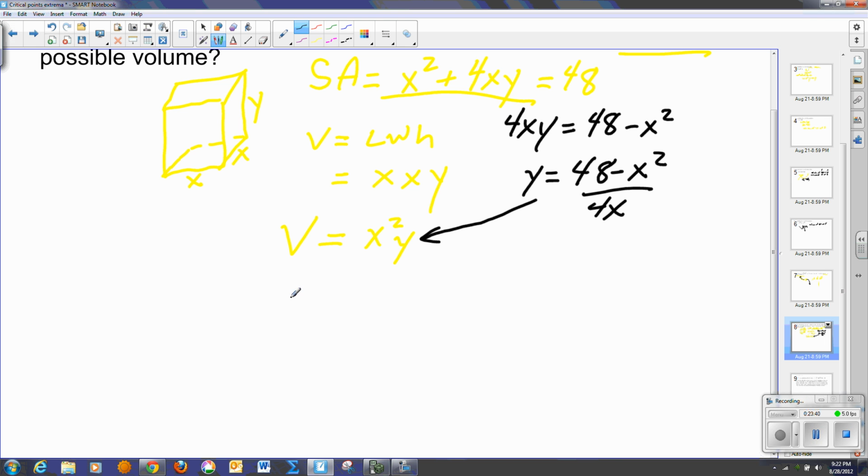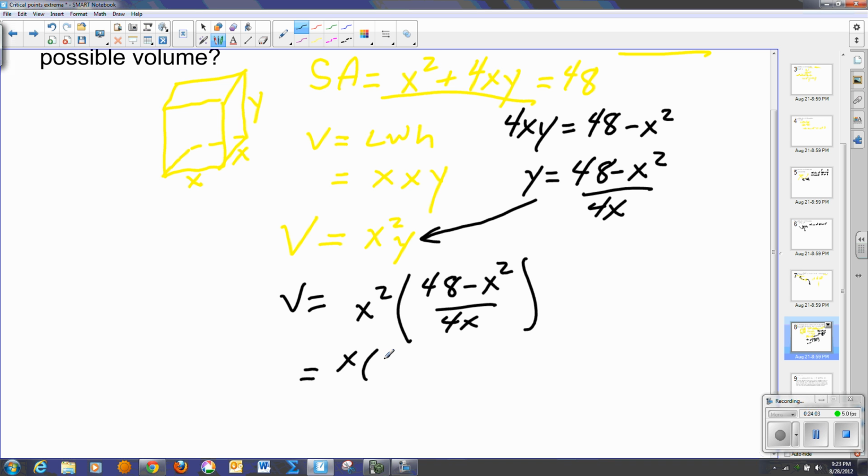Volume then will equal x squared times the quantity 48 minus x squared over 4x. I can clean this up just a little bit and call this x times 48 minus x squared all over 4 because those x's reduce.